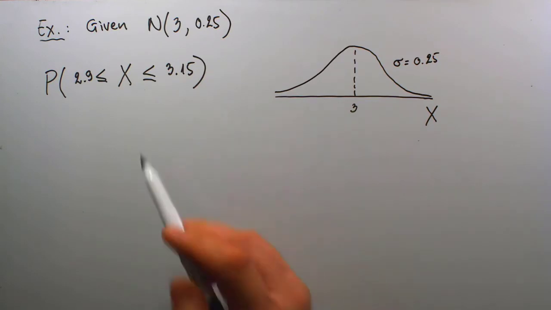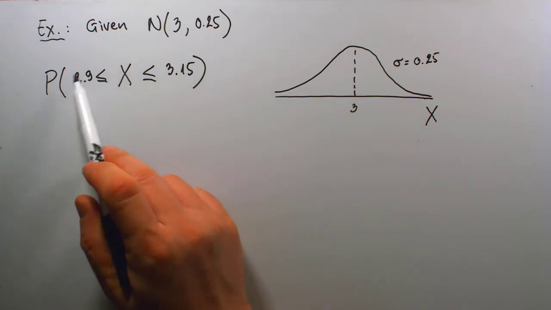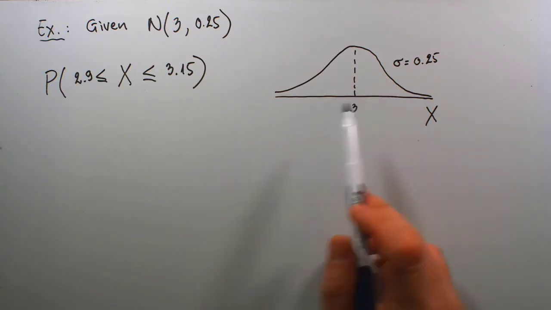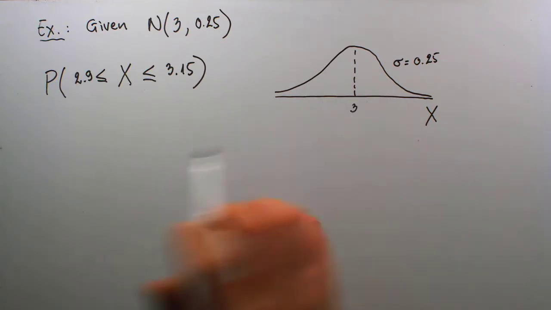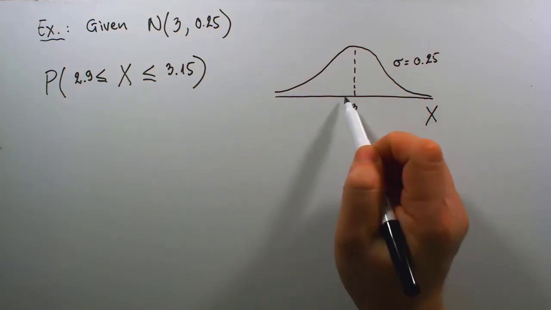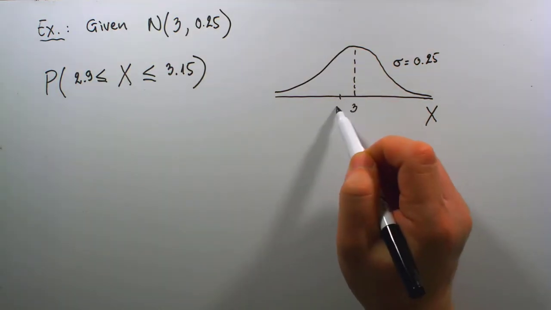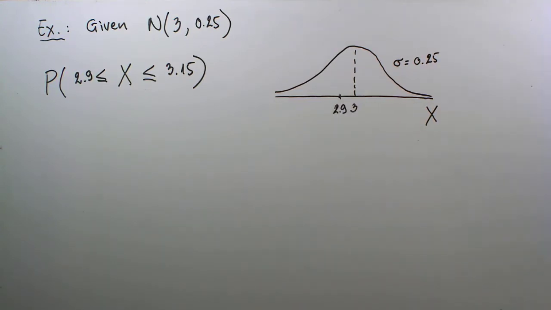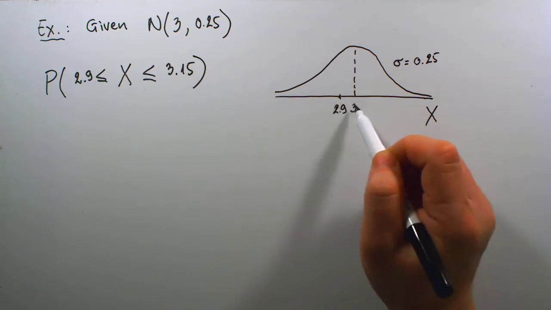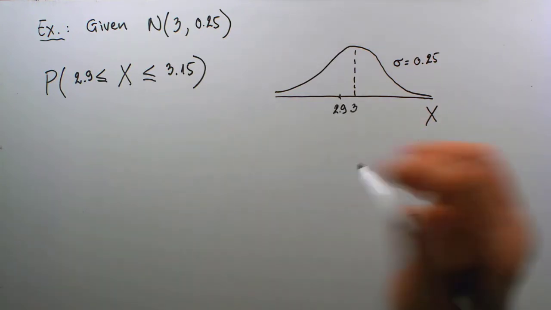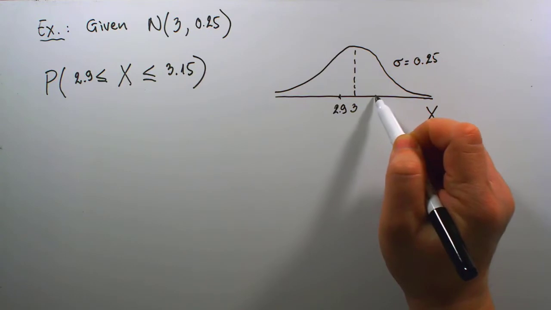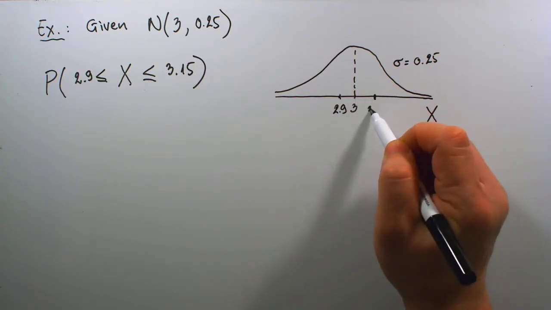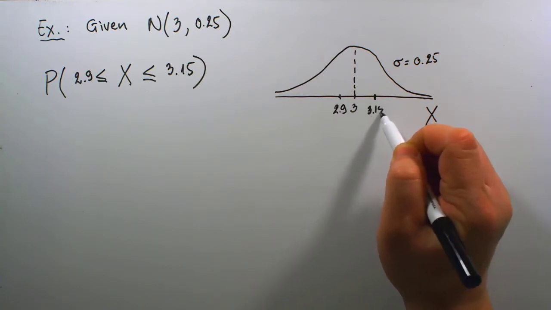We don't need to worry about precisely how far 2.9 is on this bell curve away from the 3, but what makes sense immediately is that 2.9 has to be somewhere to the left. So I can just draw it somewhere so that we can have enough space for drawing. So 2.9 is here, and 3.15, how far that is, it shouldn't matter, but what makes sense immediately is it should be somewhere to the right hand side.